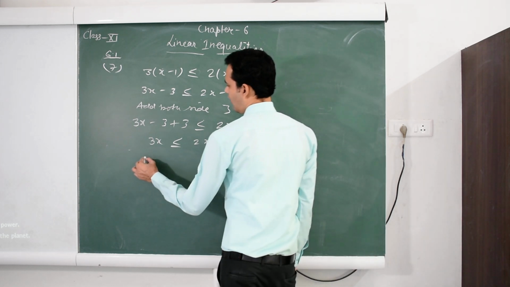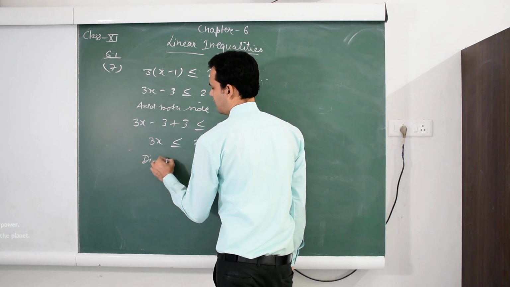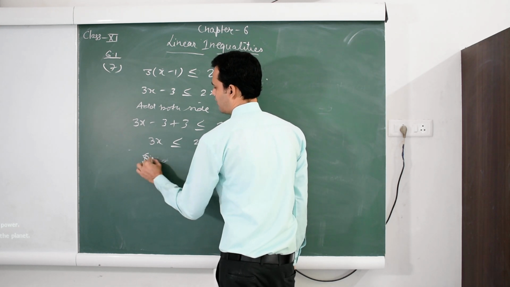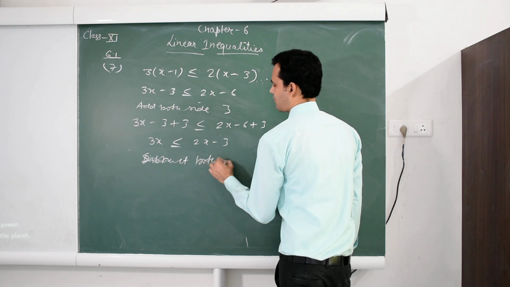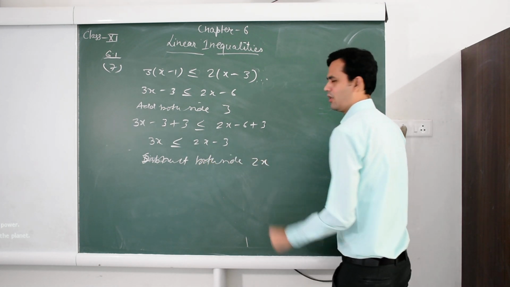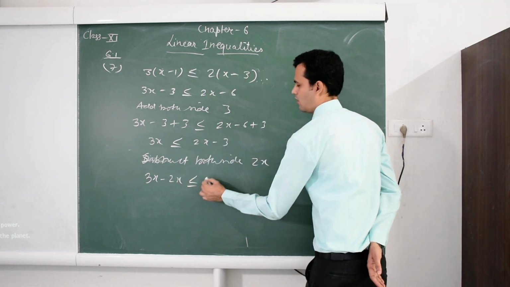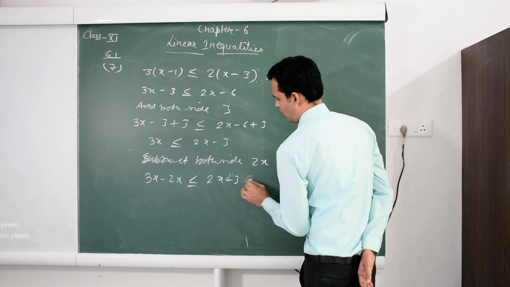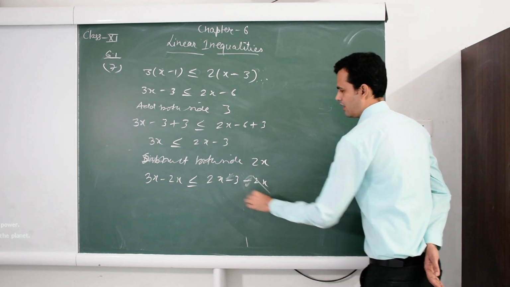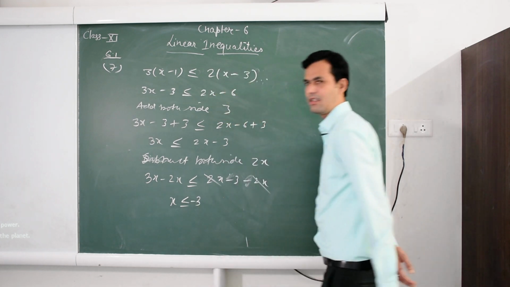Now subtract both sides by 2x. So 3x minus 2x less than or equal to 2x minus 2x minus 3. So 2x cancel. Here x less than or equal to minus 3.